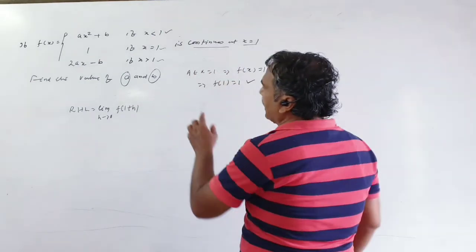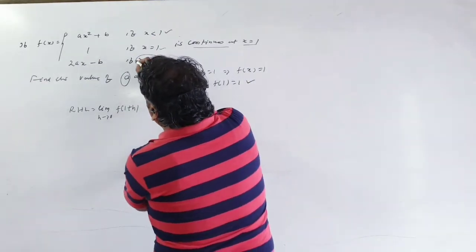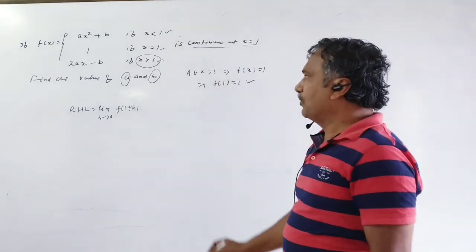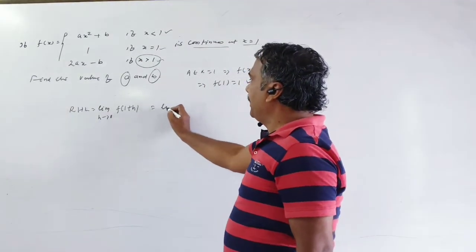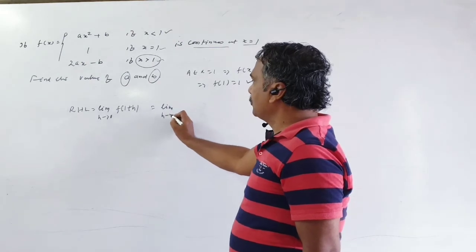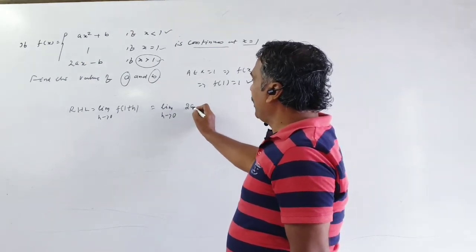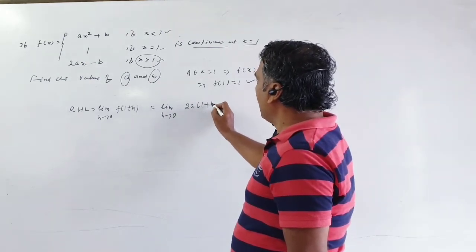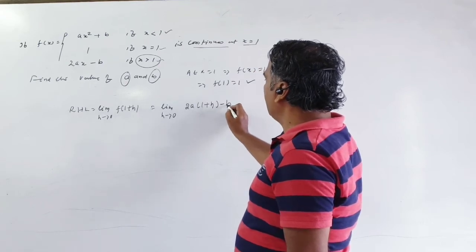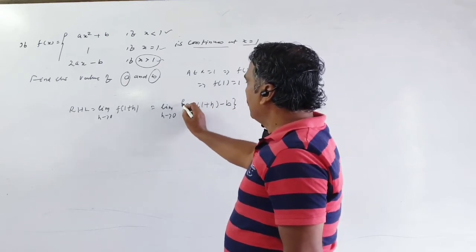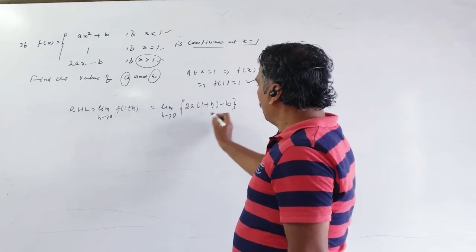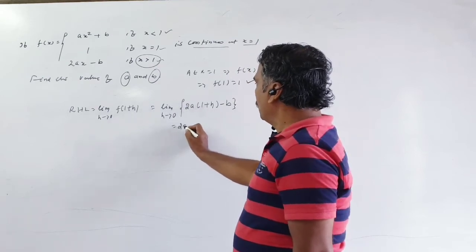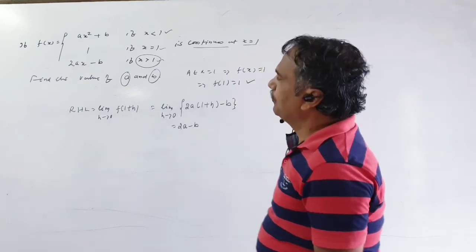Here x is greater than 1, so this expression exists. So limit h tends to 0 of 2a(1 plus h) minus b. When h tends to 0, this equals 2a minus b.